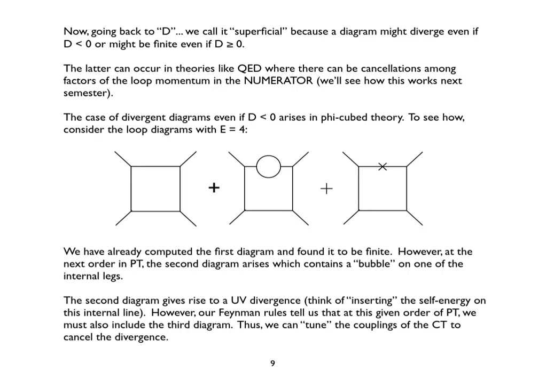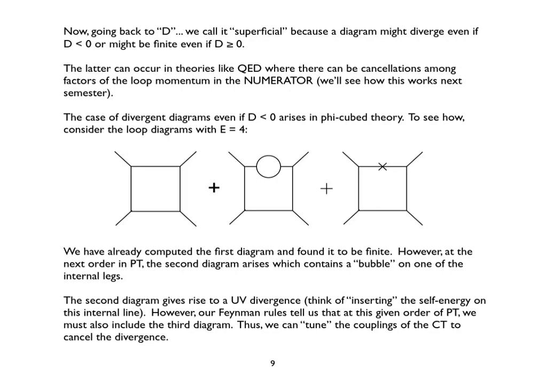So the first diagram we know is finite, right? The second diagram, if we counted up the degree of divergence, we would think that we'd be safe. But we end up finding that it's divergent. But what saves us is that we remember that this is like an insertion of a self-energy diagram. And every time we see an insertion of a self-energy diagram, we know that we have to include an insertion of the counterterm diagram.